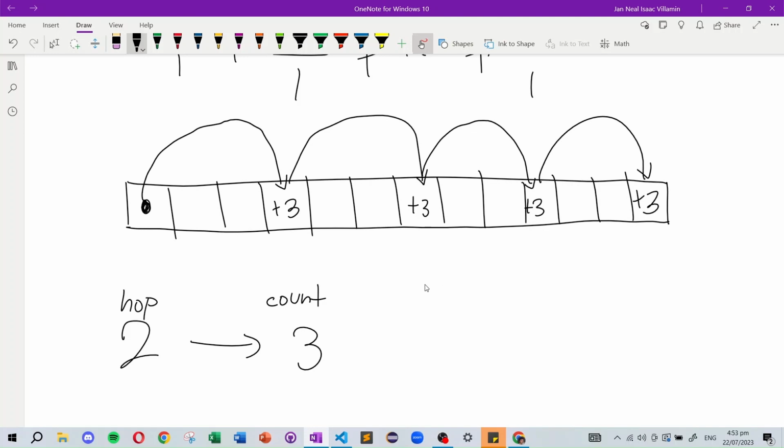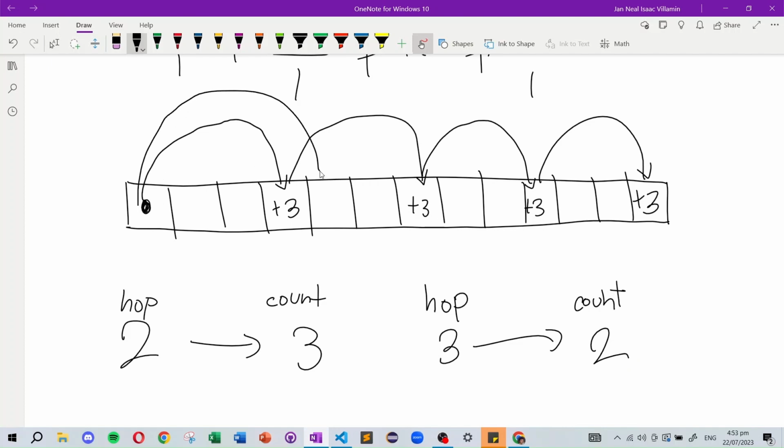And then, for example, we have another hop. Let's say it has a hop of 3, and its count is, let's say, 2. So we start here, so it will hop 3, so we will add 2, and then 3, we will add 2, and then 3, we will add 2 here, so this becomes 5.